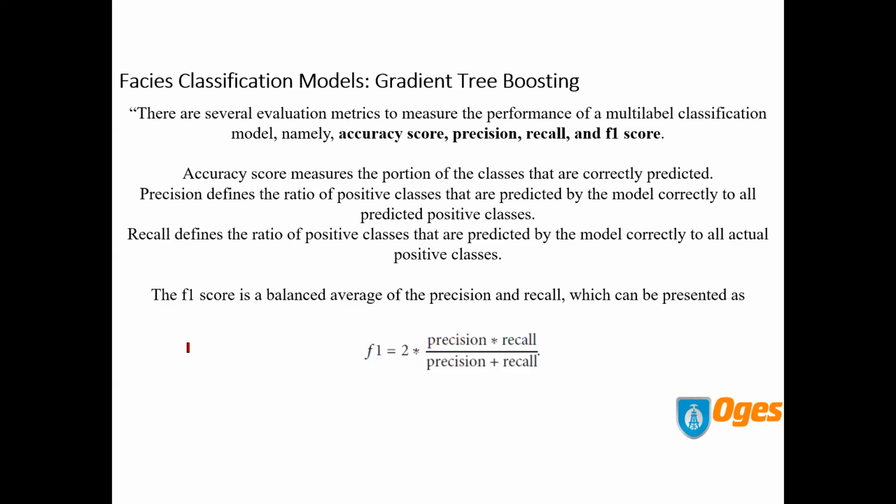The accuracy score measures the portion of the classes that are correctly predicted. The precision defines the ratio of positive classes that are predicted by the model correctly to all the predicted positive classes. So this is a really good way to measure outside of the usual statistical means.